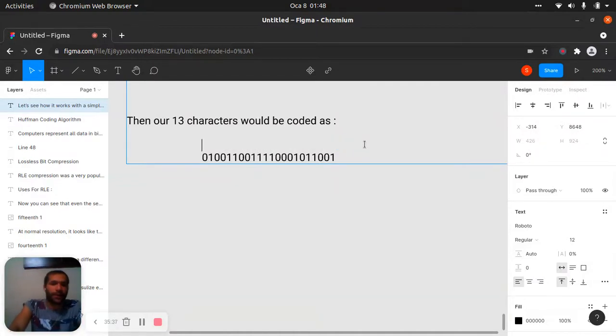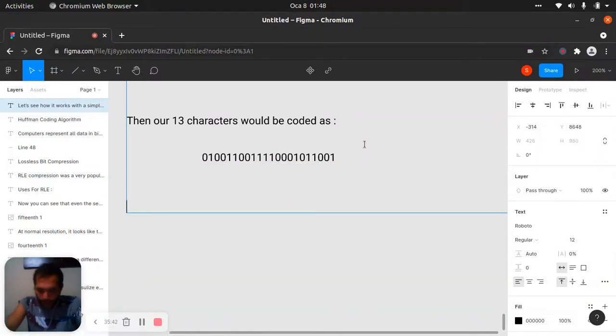Huffman coding too much. The Huffman coding algorithm is very important for that. Let's take it back there, and let's go on. Let's say that's just 22 bits.